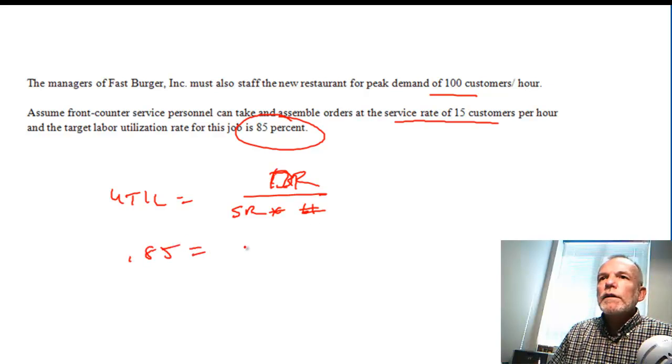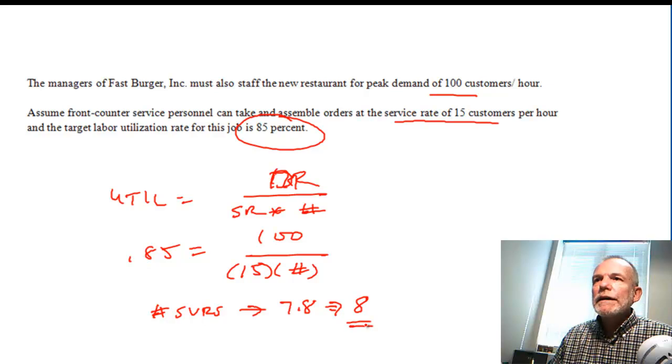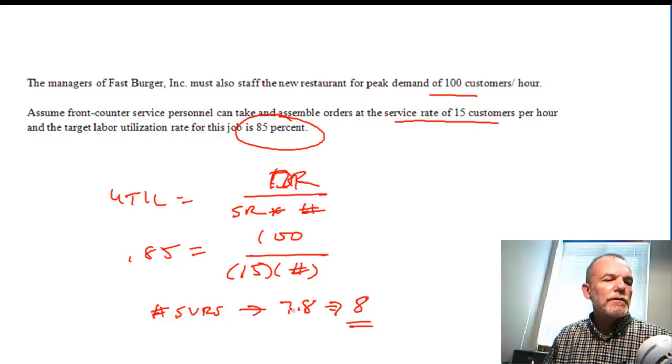So 0.85 is 100 per hour over 15 per hour times the number of servers. Solve for the number of servers, and we would get 7.8, round up to 8. 8 would be the number of servers that we would need for this.